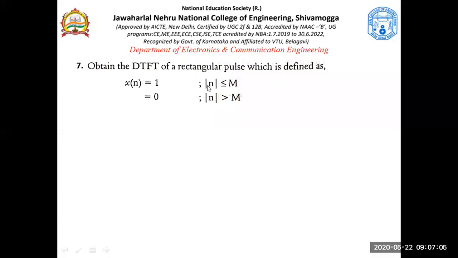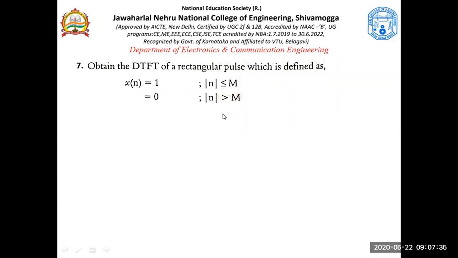See here, if it is magnitude n less than or equal to m, it means that the range of x of n over which it is 1 is from minus capital M to plus capital M. Understand that? In other words, it is n less than or equal to m and n greater than or equal to minus m.